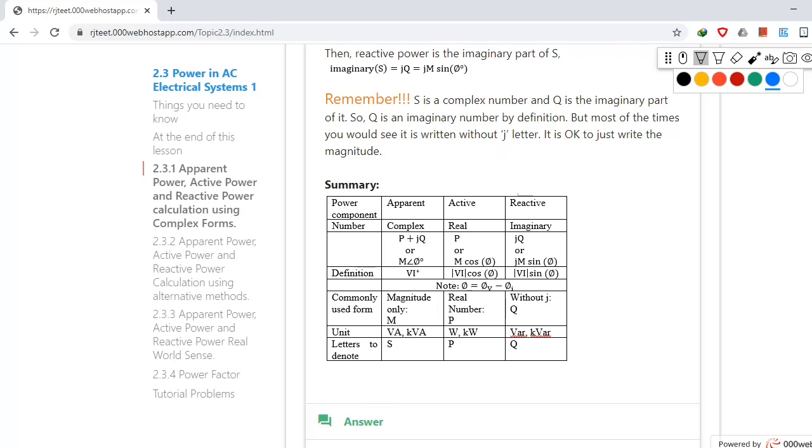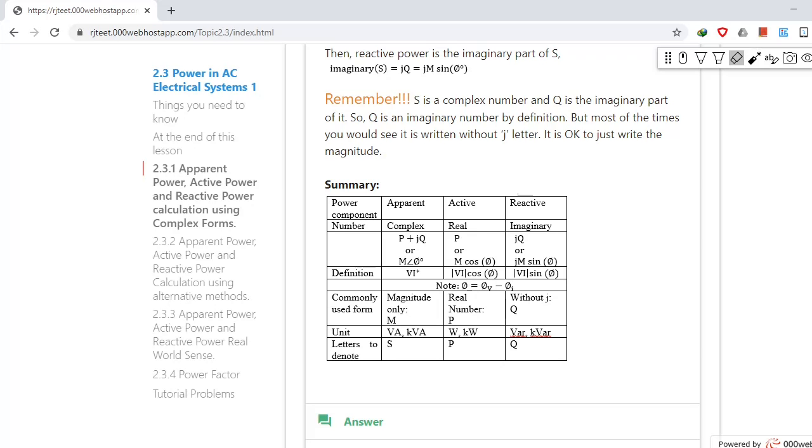So similarly, for the reactive power, it's going to be an imaginary number, but it's really not necessary to use the letter J or I in front of that. Because everybody knows that it is an imaginary value, that's why it is called imaginary power sometimes.